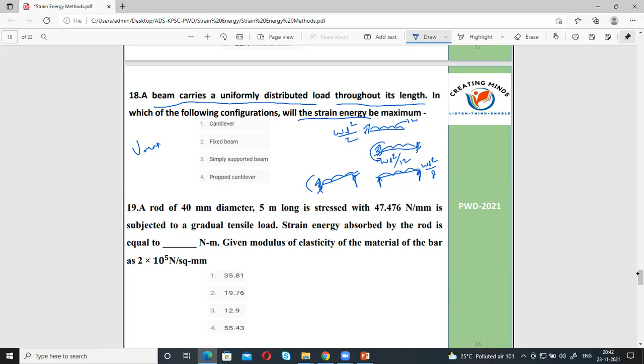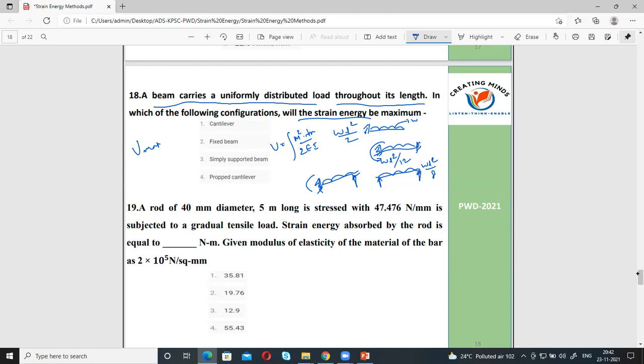What is the strain energy equation? U equals integral of M square into dx by 2EI. Now you can easily guess. Where M is less, the cantilever will have the maximum. Simply supported?